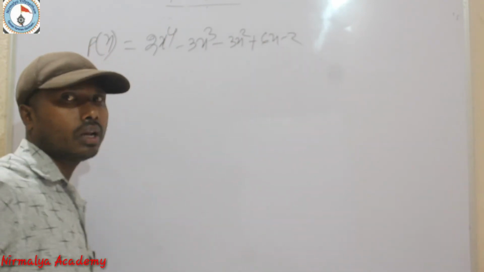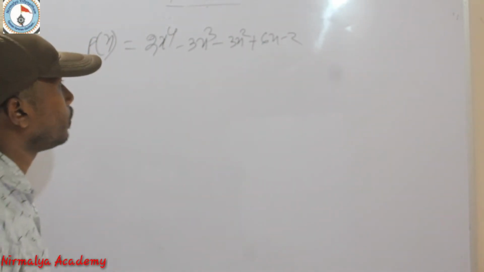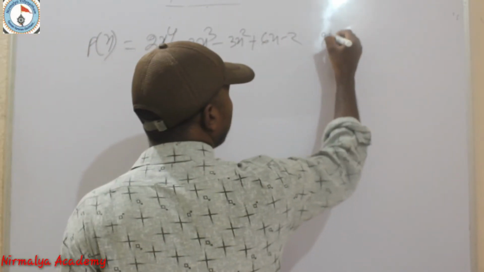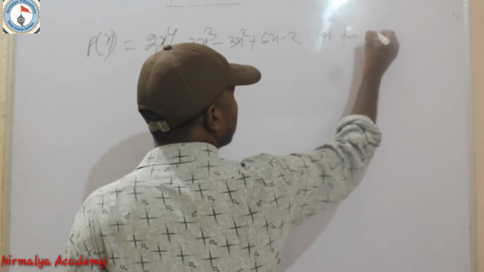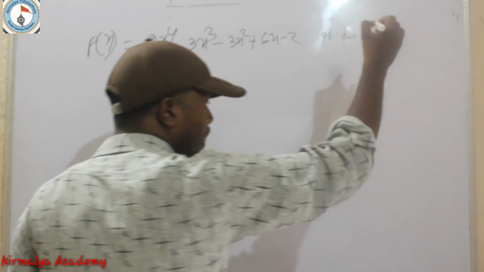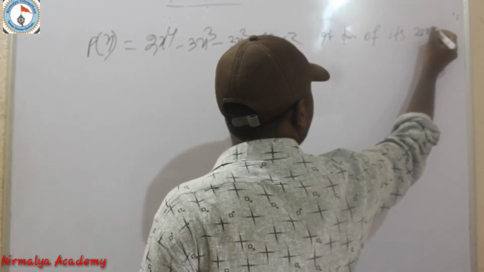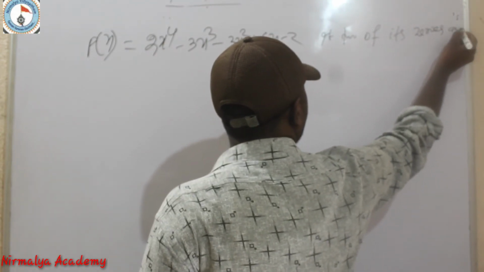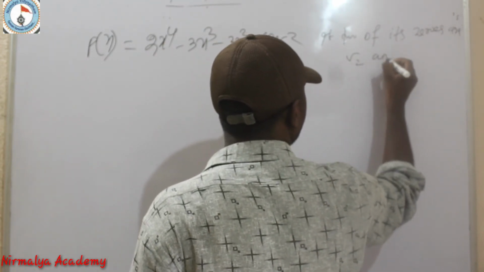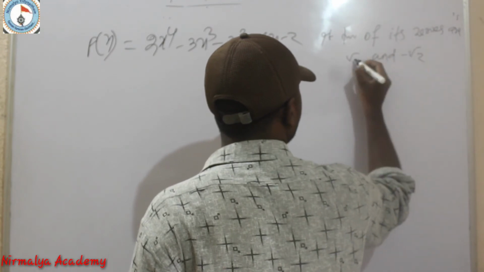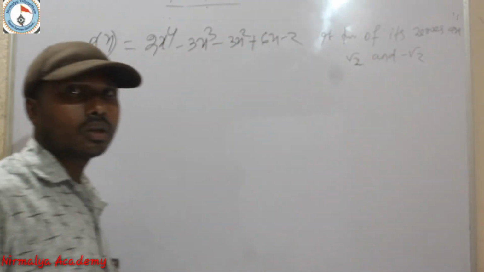So this is the polynomial. If two of its zeros are root 2 and minus root 2.